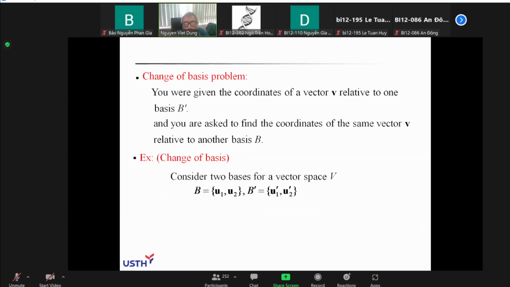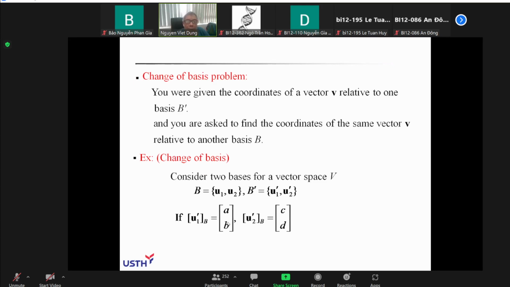First, we consider U1 prime. Because U1 prime is a vector inside V, it has coordinates relative to B. I denote the coordinates by A, B. Similarly, U2 prime will have coordinates in B, denoted by C and D.